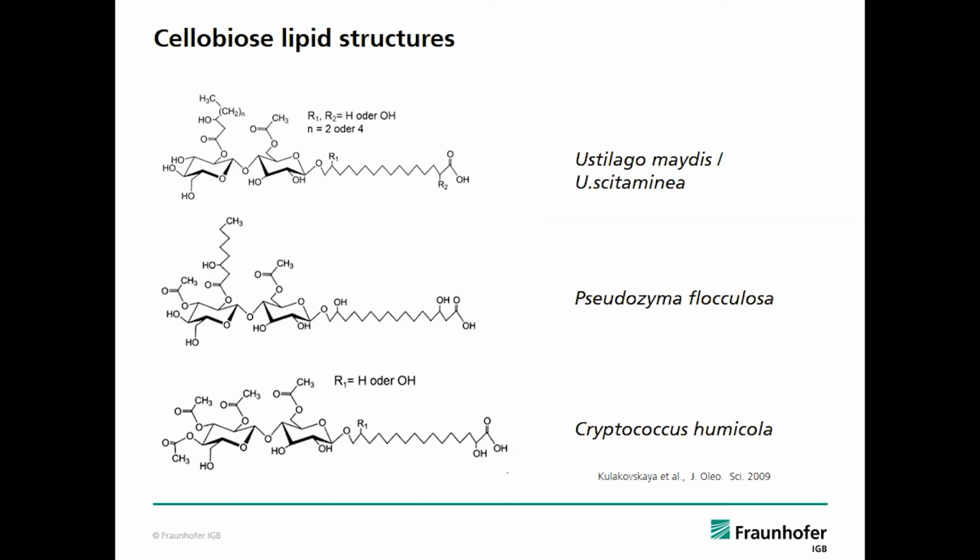In this slide, I want to introduce you to the next biosurfactants we are working on. They are named Cellobiose lipids, and depending on the microorganisms, different molecule variants can be produced. The main differences are in the side chains at the sugar group, and this change also has an important influence on their final properties.